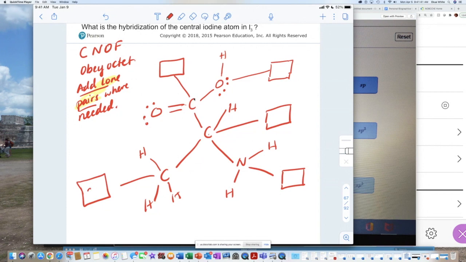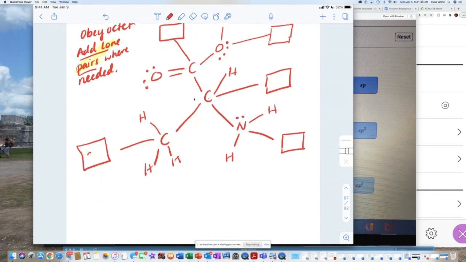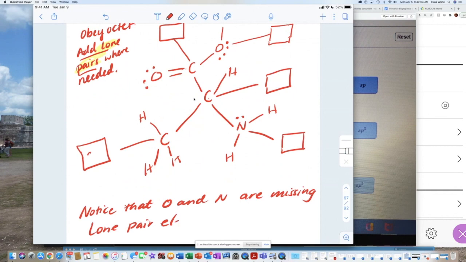Nitrogen. So in this structure, the oxygens and nitrogen are missing lone pairs. I'll put the lone pair here. So notice that the oxygen and nitrogen are missing lone pair electrons.